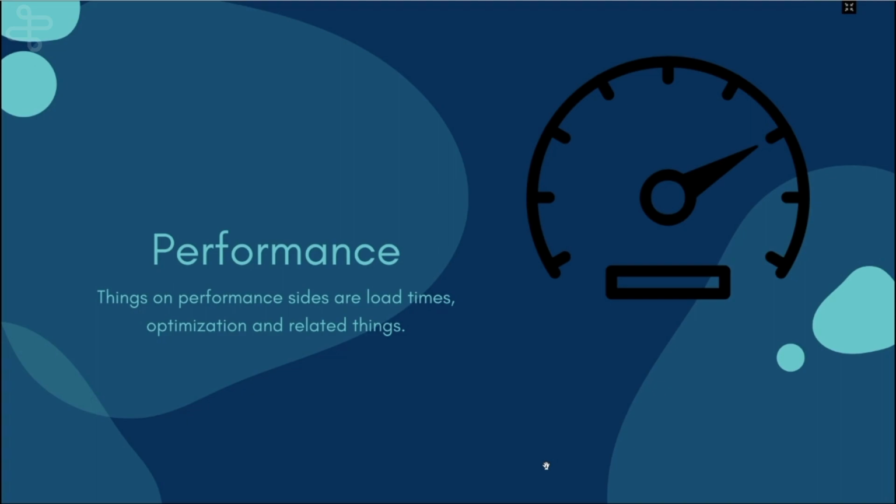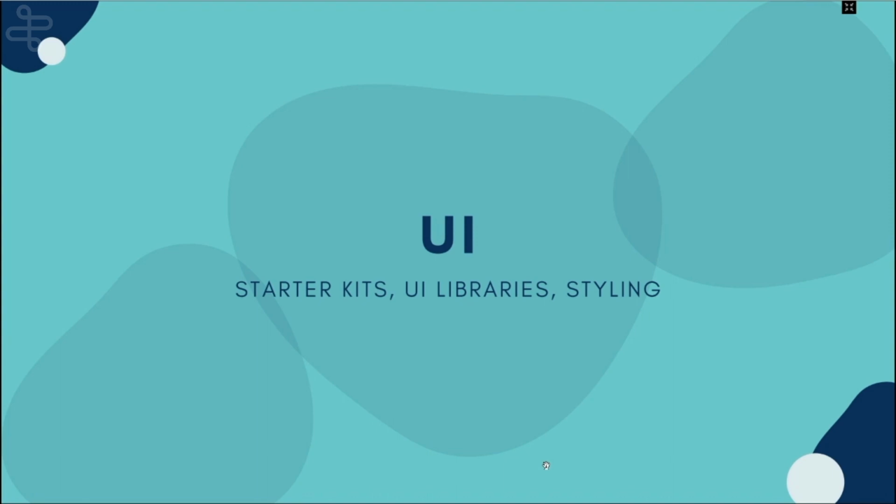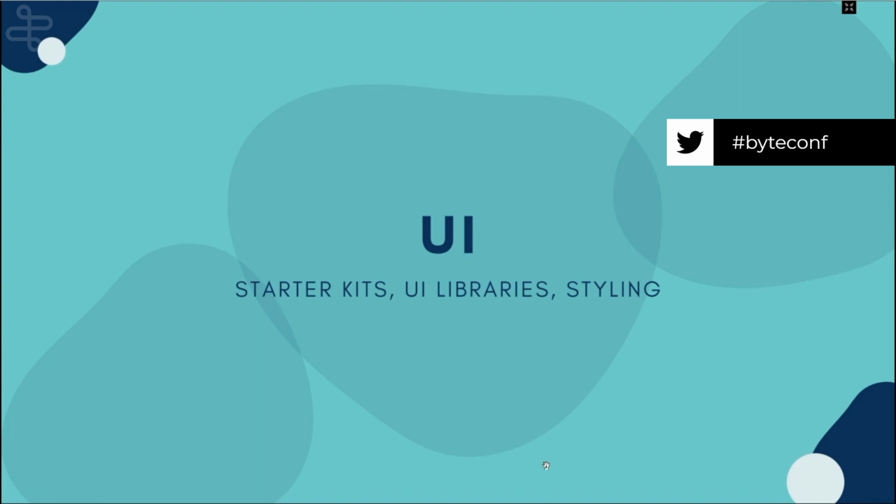Now let us see how to scale, how to use libraries or packages efficiently. So first of all, let's see the UI part in a React.js web application. There are three things about which we are more concerned. First of all, a boilerplate code, or you may call it a starter kit, then UI libraries, then there is the styling part.